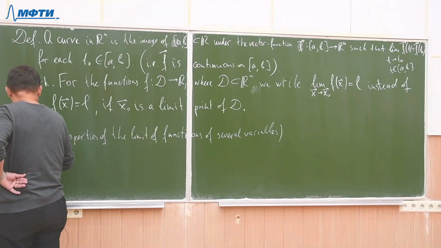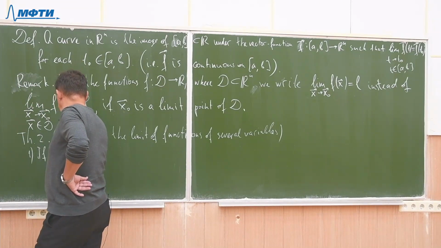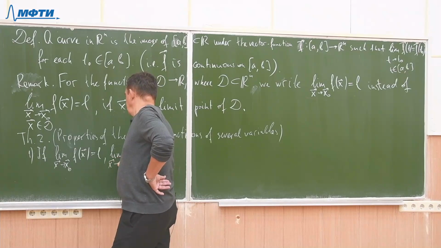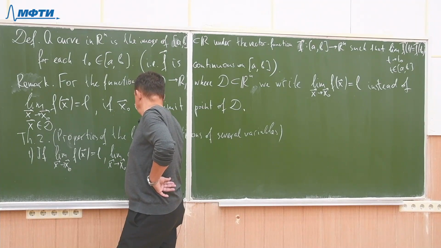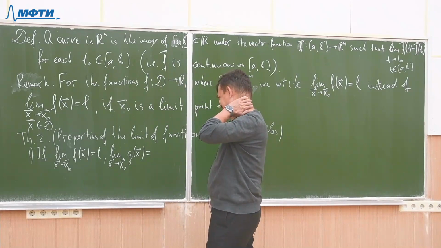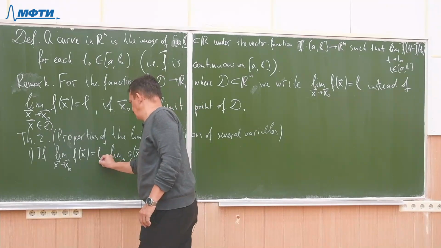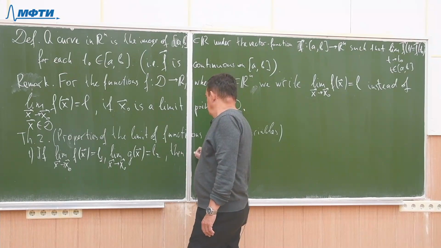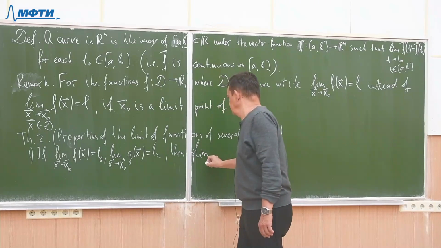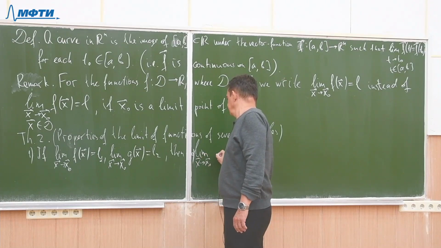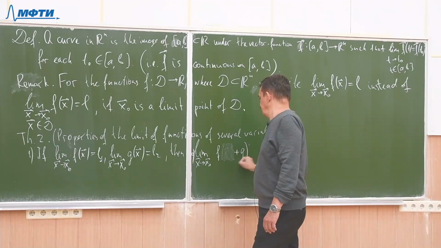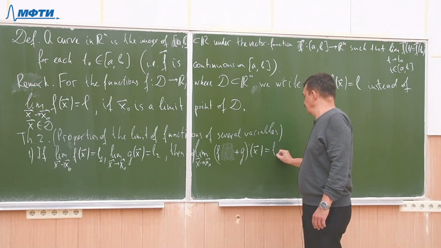First, if limit as x tends to x naught of f of x equals L1, and limit as x tends to x naught of g of x equals, let's say, L2, then A: limit as x tends to x naught of f plus g of x equals L1 plus L2.